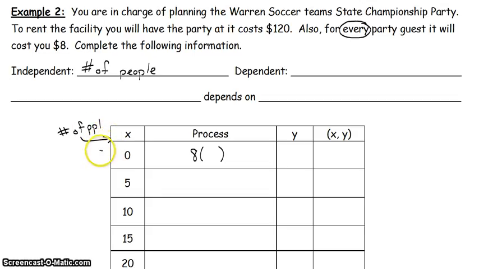When you input that into a function rule, you're going to come out with your output, or your total cost for that party. So your dependent variable here is total cost. Remember our trick. Dependent depends on independent. So when I'm writing my dependency statement, whatever you define as your dependent variable will always be first. That depends on, in this case, the number of people that go to this party.